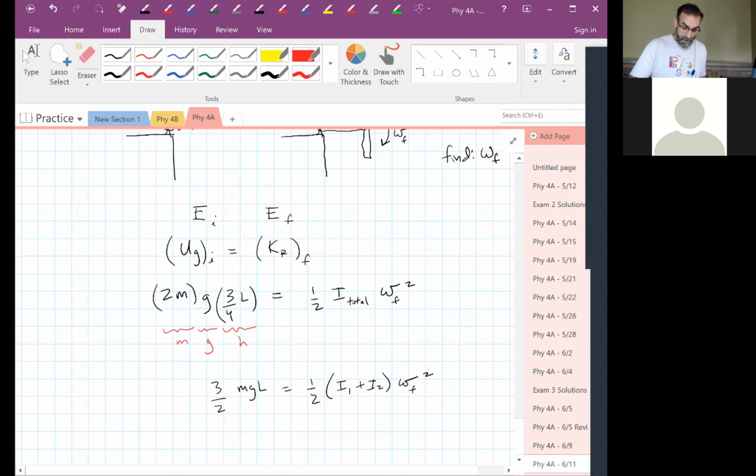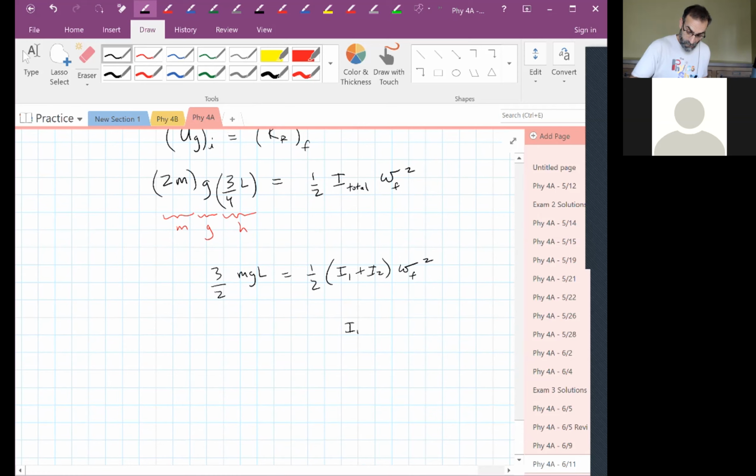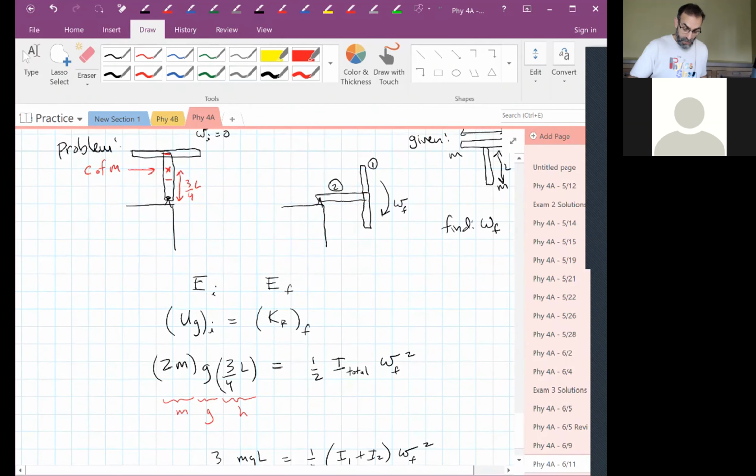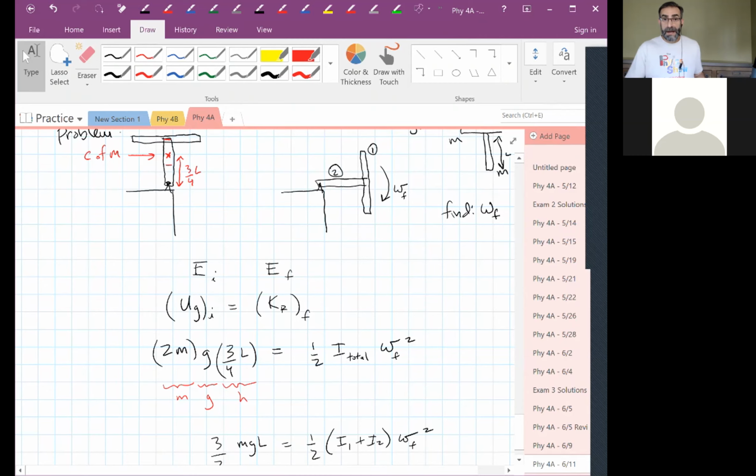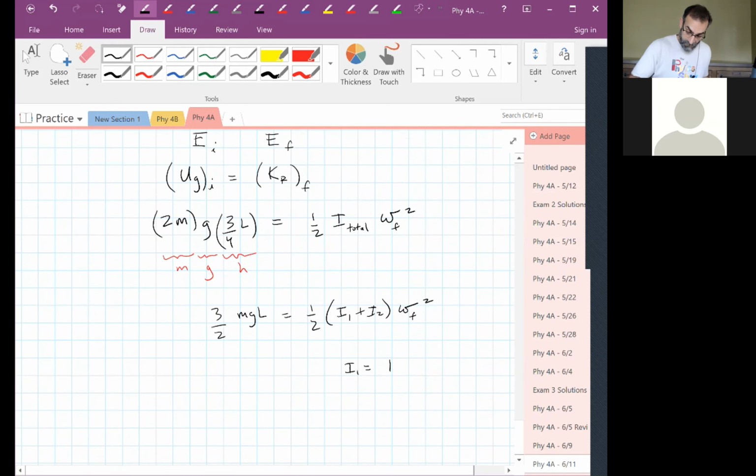And we could number these and come up with the rotational inertia. I1, we use our parallel axis theorem for it. We okay with this one?